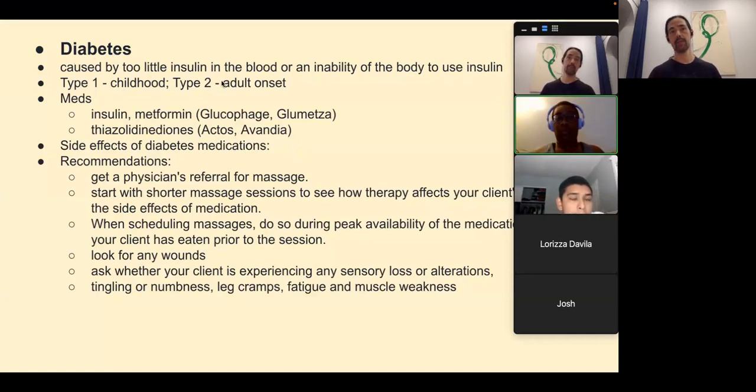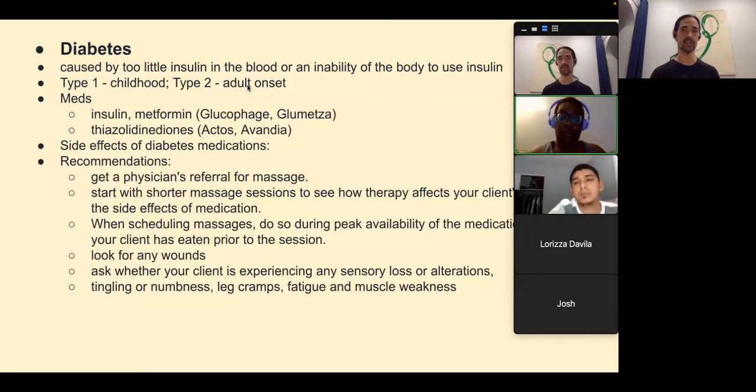Diabetes. Diabetes is caused by too little insulin in the blood or the inability of the body to use insulin. And there are two types. Type 1 is commonly referred to as childhood. So this means people who cannot manufacture insulin, they're insulin dependent. That's what you need to remember about type 1. They have to take insulin. And then type 2 is adult onset.